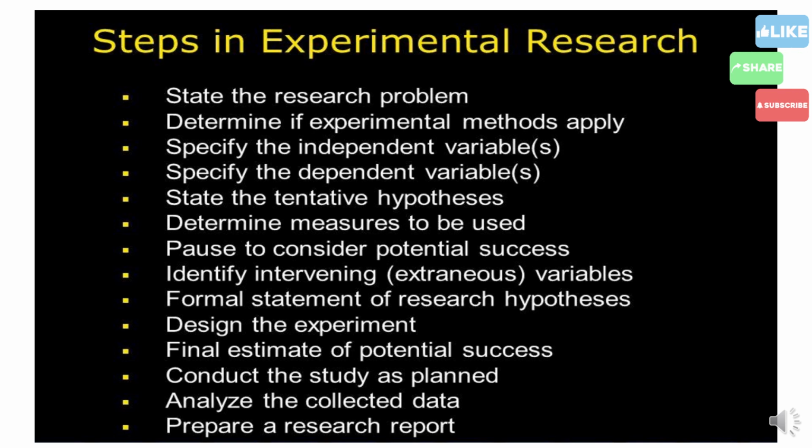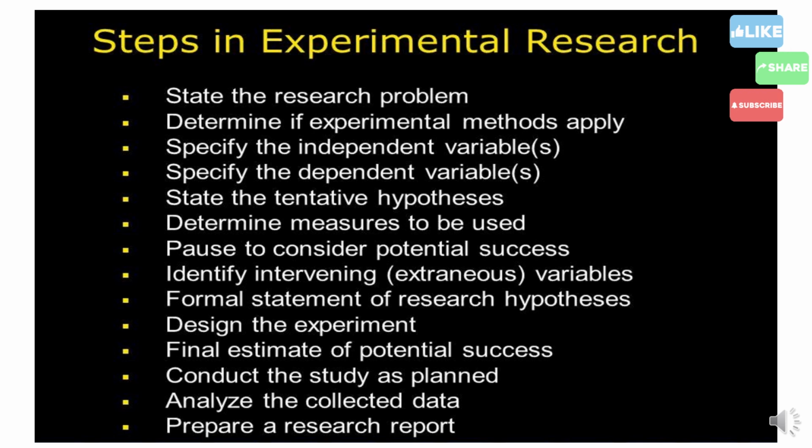They have some steps included. State the research problem, determine if the experimental method applies or not, specify the independent variables and specify the dependent variables, because in an equation we have two variables, the dependent variable and the independent variable. Now state the tentative hypothesis and determine the measures to be used.